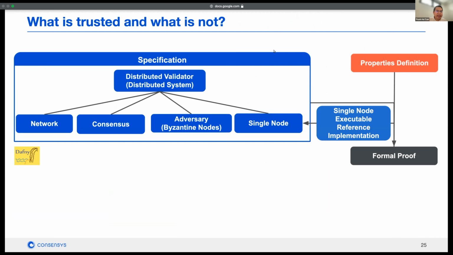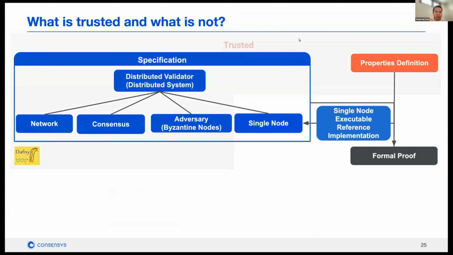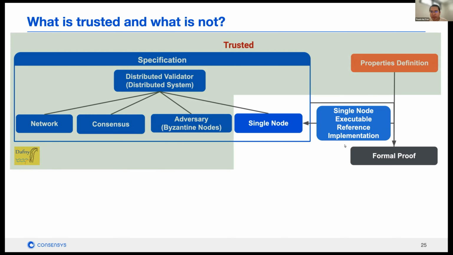And in our specification, there are some parts that we trust and other parts that we don't trust. So you can see that here, the behavior of network, consensus, and adversary are what we trust. And also the definition of properties.